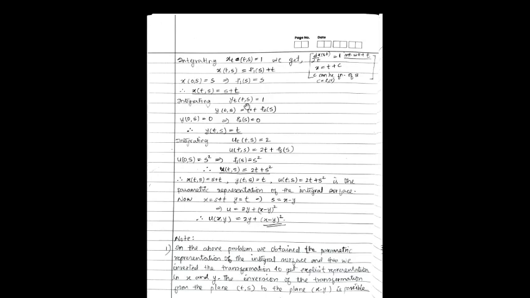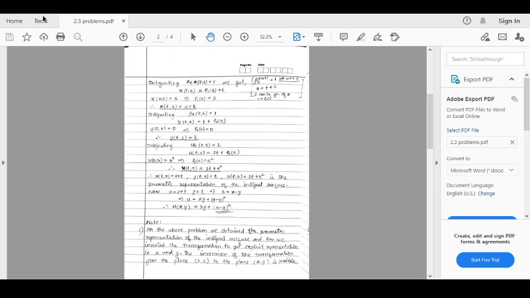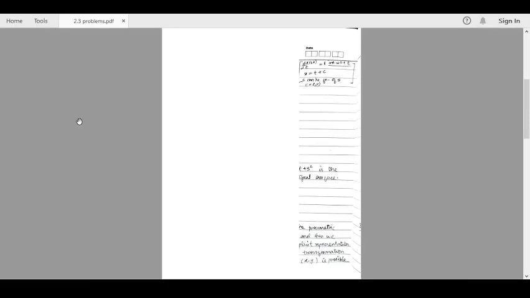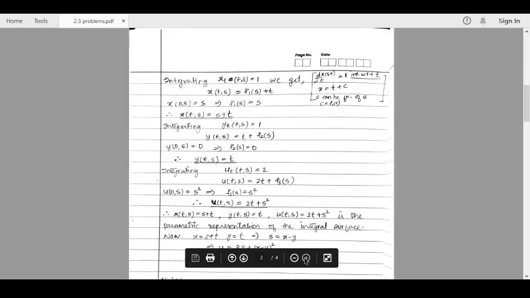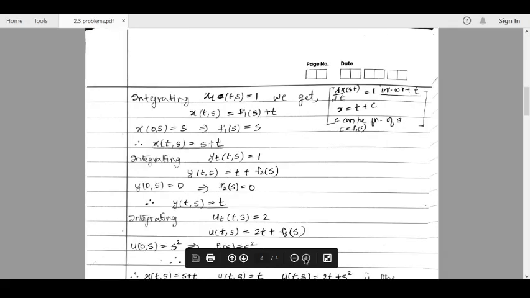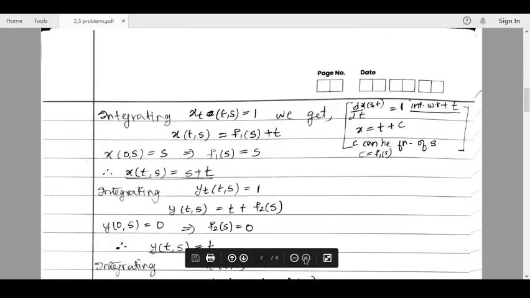So what we are doing is, when we integrate, our first equation is xt of t,s is equal to 1. We are changing the variables x and y to the variables t and s.